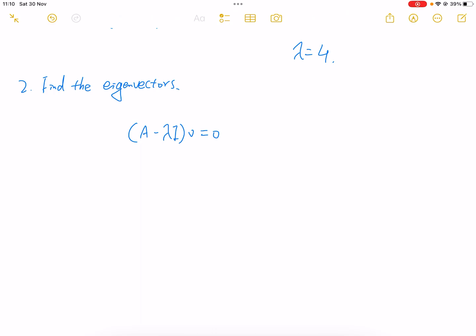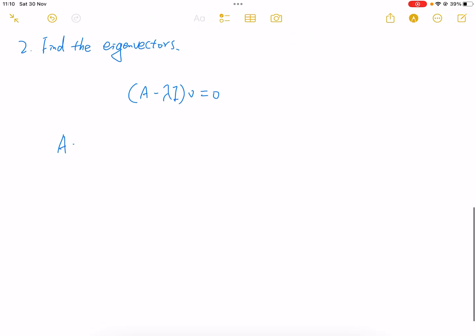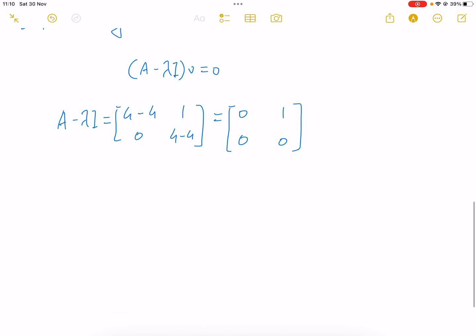In our case, we subtract 4 times the identity matrix from A to get A minus lambda times I equals [4 minus 4, 1; 0, 4 minus 4], which equals [0, 1; 0, 0]. Now solve this.